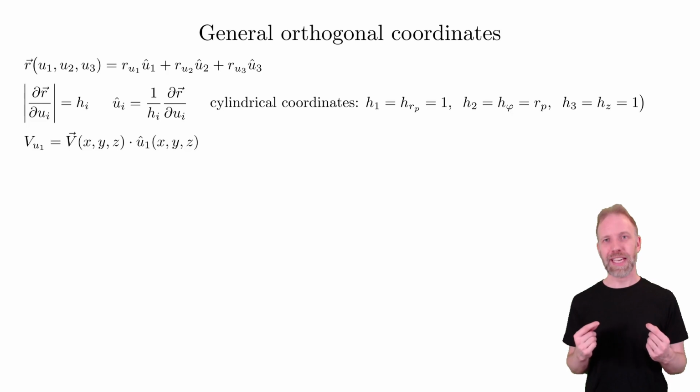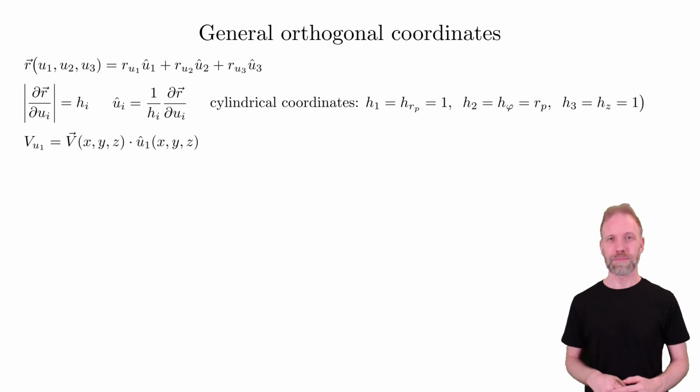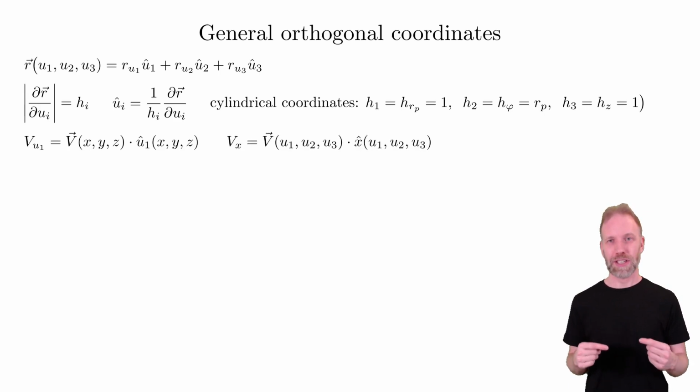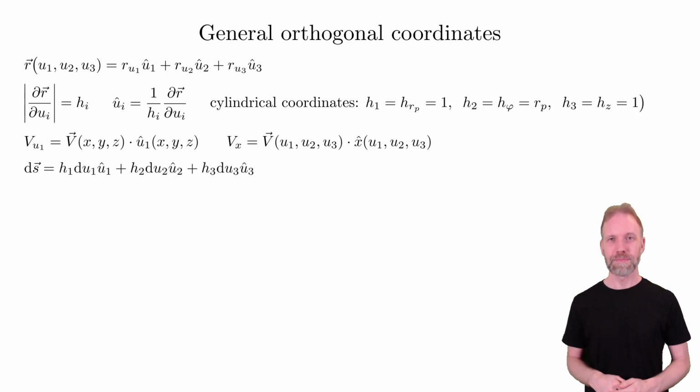If you have a vector given in Cartesian coordinates and want to express it in our general system, use the dot product between the vector and the unit vector. The dot product can be used in the opposite direction as well. When doing line integrals, the small line element ds is given by this.